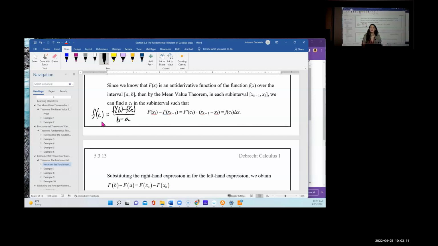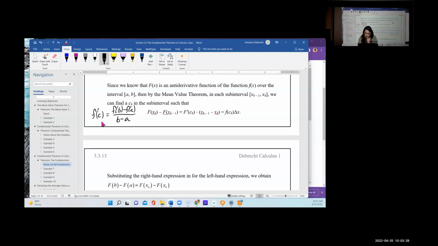All right, so this is the regular mean value theorem, and we can apply it, and it says that somewhere the slope of the tangent line has to be equal to the slope of the secant line, and we're applying this on one little partition.